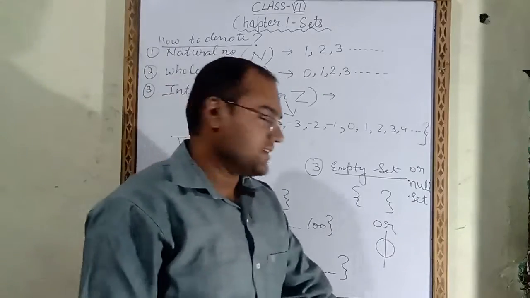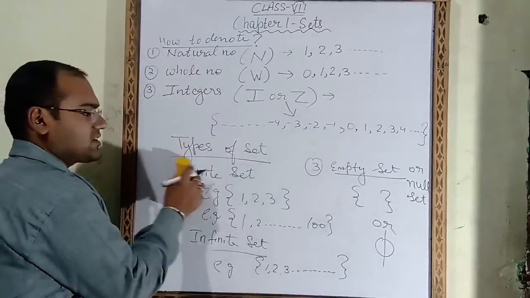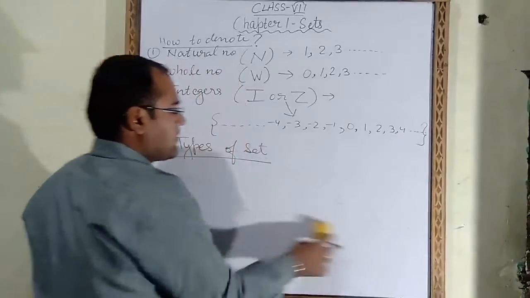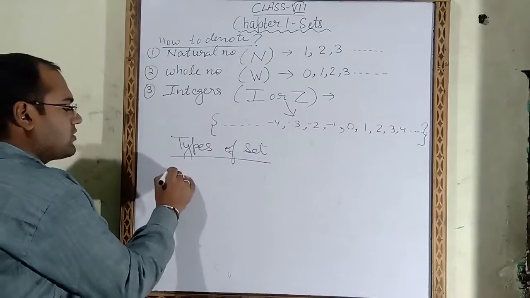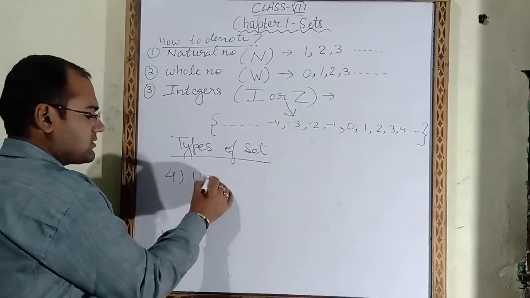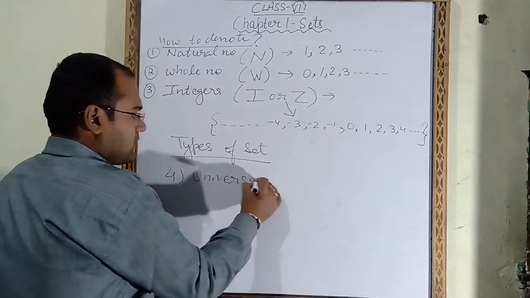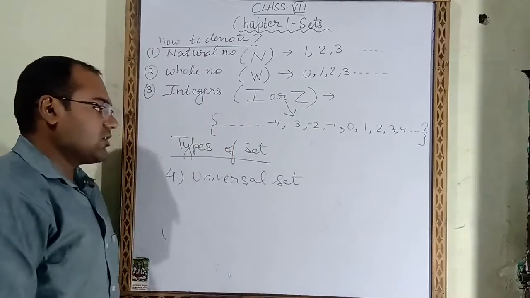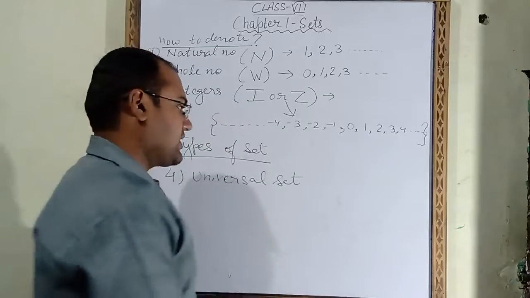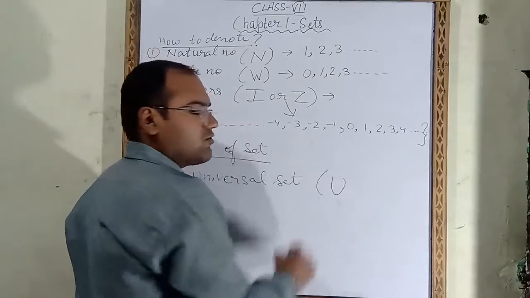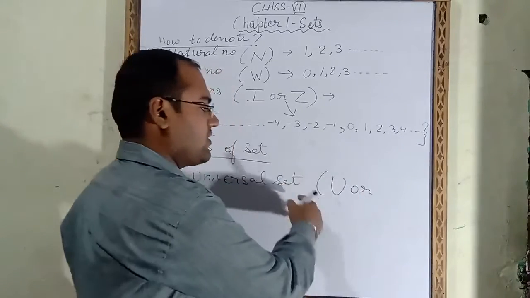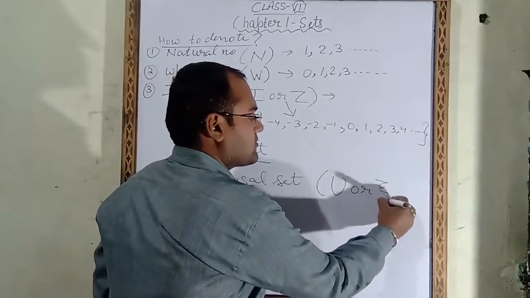Now the fourth one is universal set. We have to represent universal set with capital U, or we can represent universal set with this symbol also.